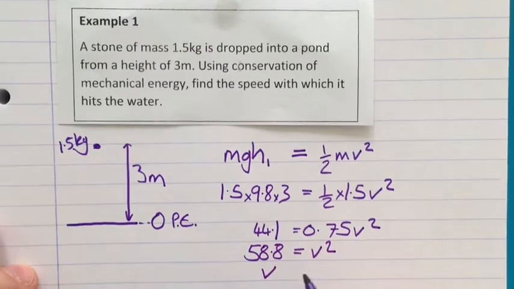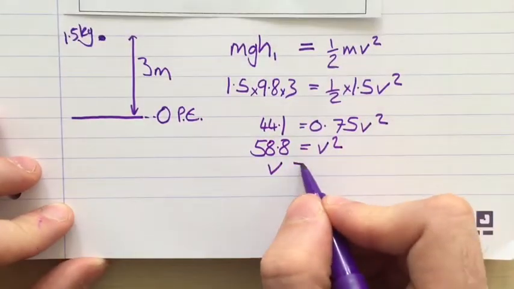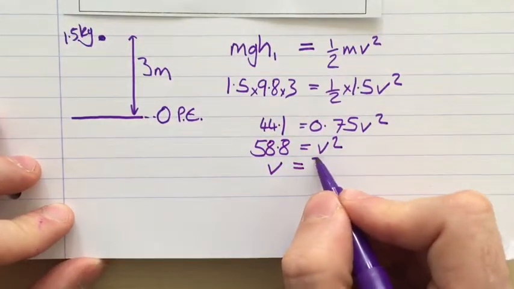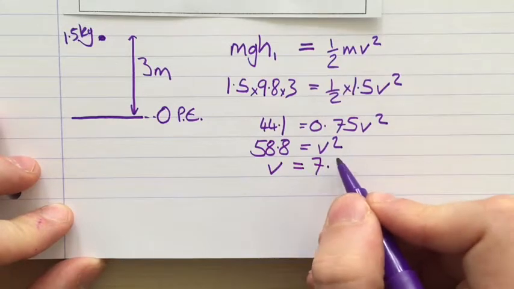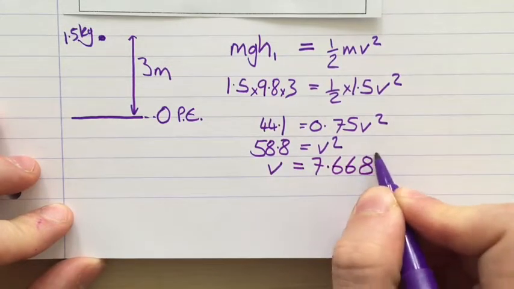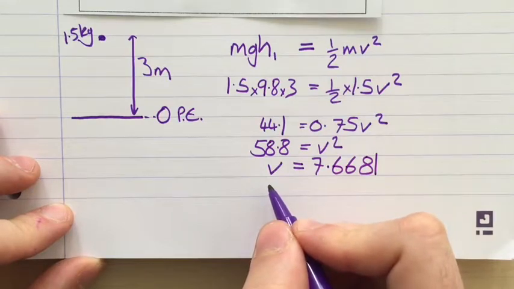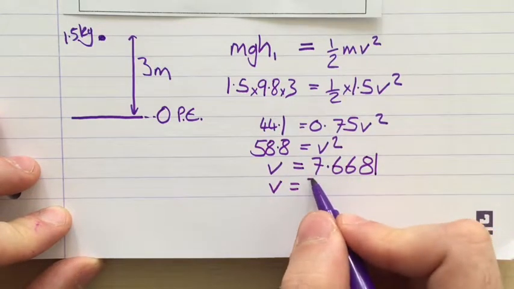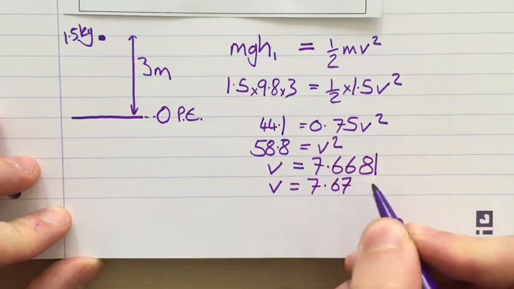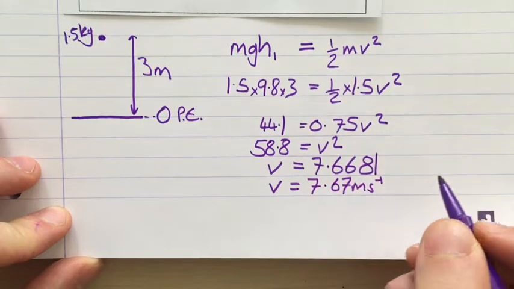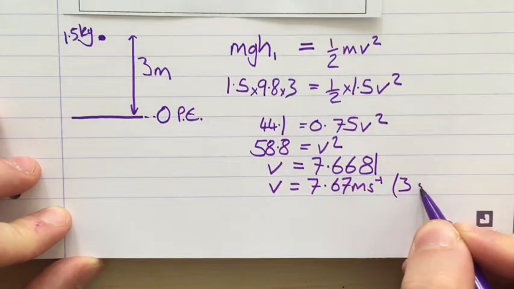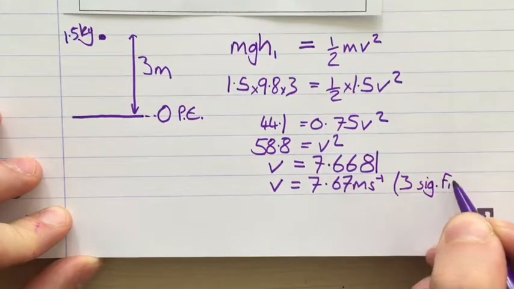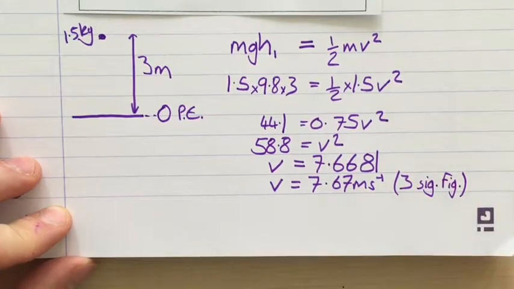So v equals 7.6681, which we will round to v equals 7.67 meters per second to 3 significant figures. And we're done.